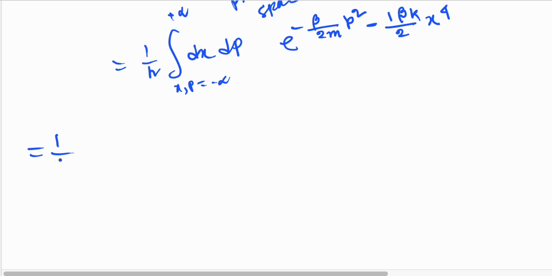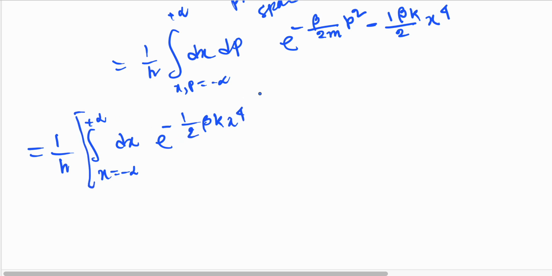So there will be two integrations. 1 by h, the integral from x equals minus infinity to plus infinity dx of e to the power minus beta k x to the power 4 by 4. This is the one integration.